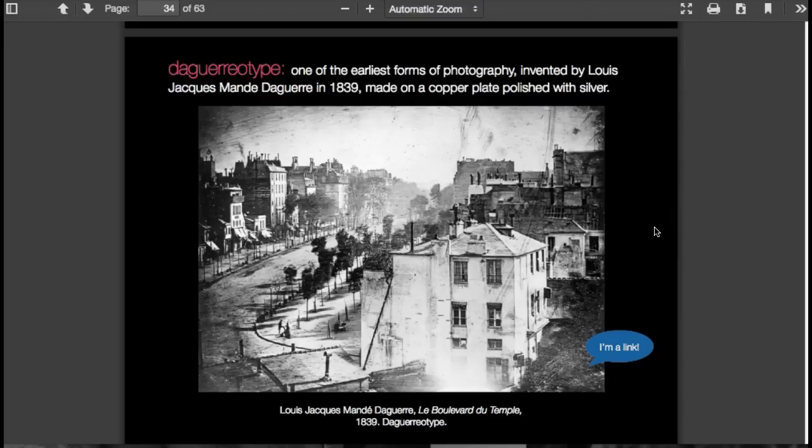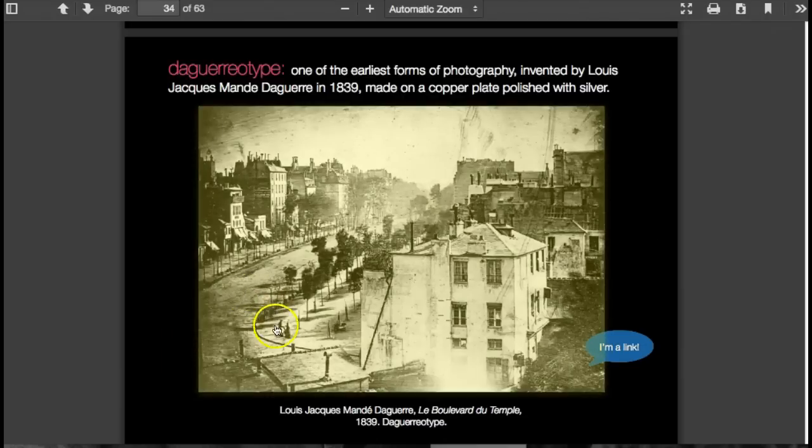This is Le Boulevard du Temple, and if you look at it you think, okay, this is a Paris street, it must have been really early in the morning, there's nobody out on the street. Well, that's actually not true. The street would have been quite busy, but because these images took a very long time to expose, things that were not still were not captured because they moved, and the light they created didn't adhere to these plates, except for this man here, credited as the very first person ever photographed.